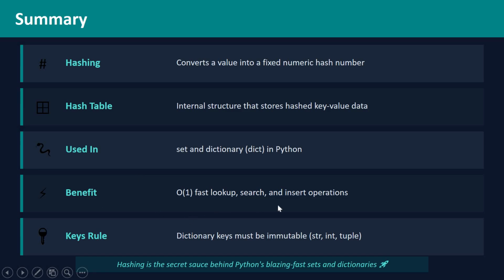The benefit is faster lookup, search and insert operations. And the key rule: a dictionary key must be immutable, such as a string, int or tuple. These are the immutable data types, and a mutable data structure cannot be a key in a dictionary. So hashing is the secret sauce behind Python's blazing fast sets and dictionaries.